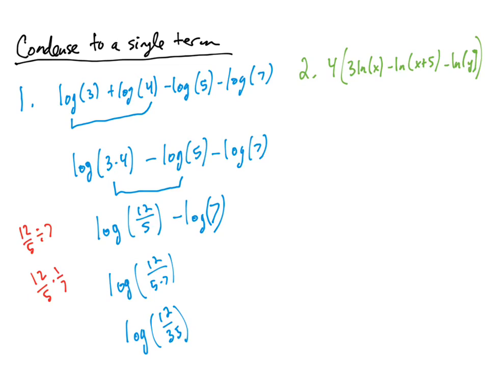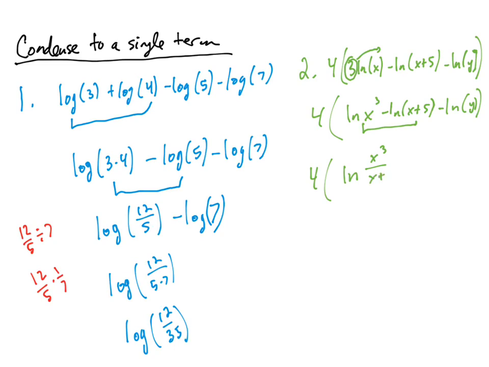All right, and then this next one, we're going to condense this into a single term. So 4, I'm going to handle that 4 at the very end. So this 3 can go upstairs as an exponent, so ln of x cubed minus ln of x plus 5 minus ln of y. I'll handle these two first. So I get ln of x cubed over x plus 5 minus ln of y.